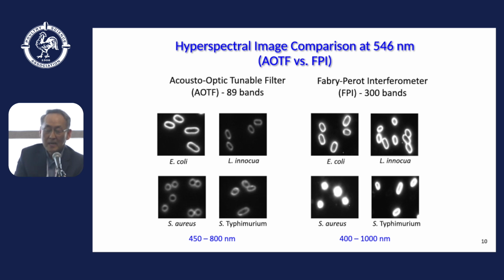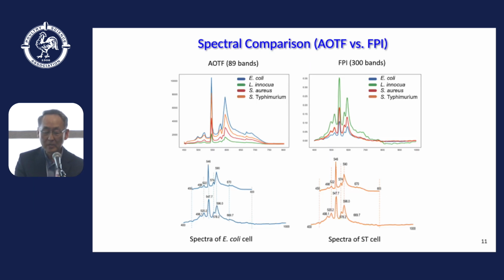And also, we compared different platforms, how closely the spectral or spatial information is equal or uniform. The left-hand side was from the AOTF base, 89 bands. The right-hand side is FPI base, more than 300, okay? So in terms of the shape and other information, they look very similar, right? In more detail, you're also looking at the spectra.